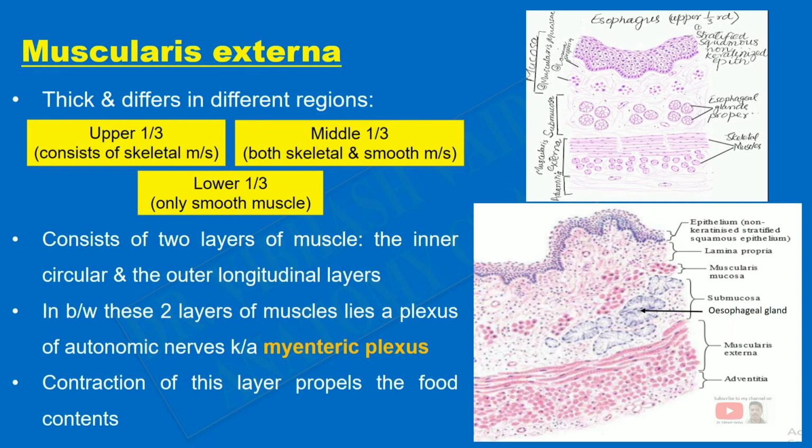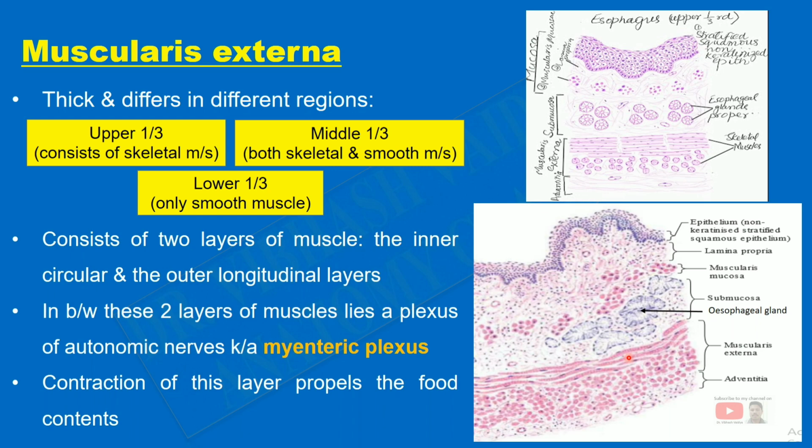After the submucosa, here we have a third layer, that is the muscularis externa. This muscularis externa is mainly made of two layers, that is the inner circular and outer longitudinal layer. And this muscularis externa is a very thick layer, and it differs in different regions of the esophagus. That is, the upper 1/3 of the esophagus consists of skeletal muscle.